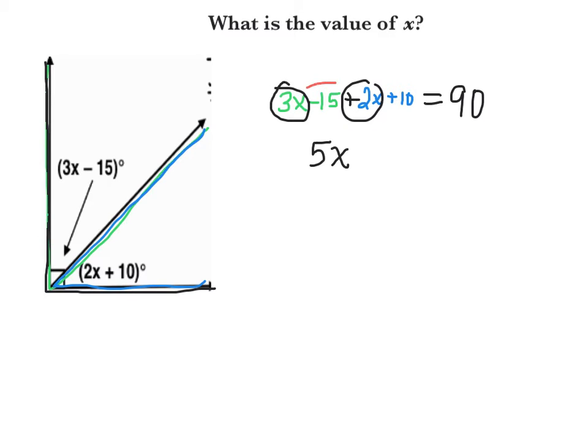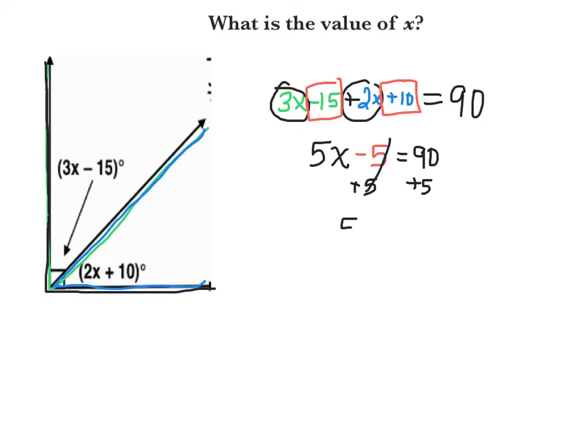I have a minus 15, and a positive 10. So since they're different signs, I'm going to subtract, and it's going to be minus 5 since I have more negatives. And then that's all equal to 90 degrees. From here I can solve.